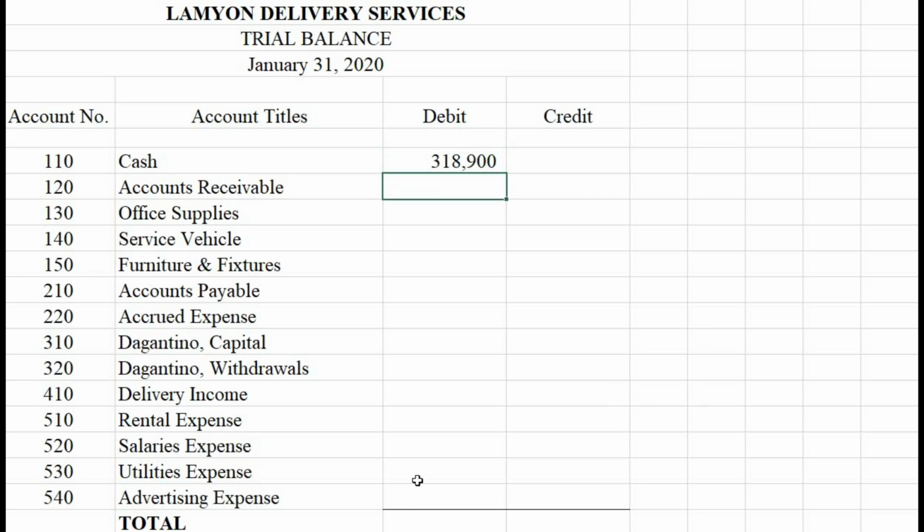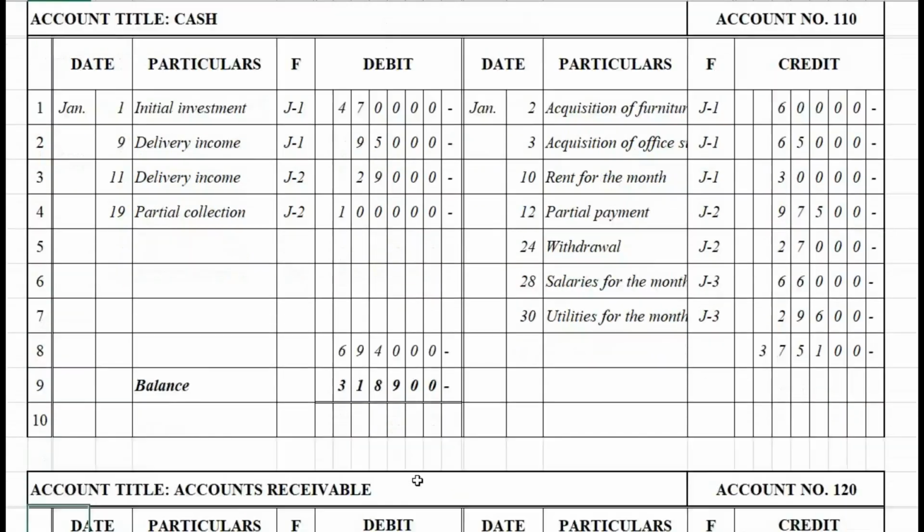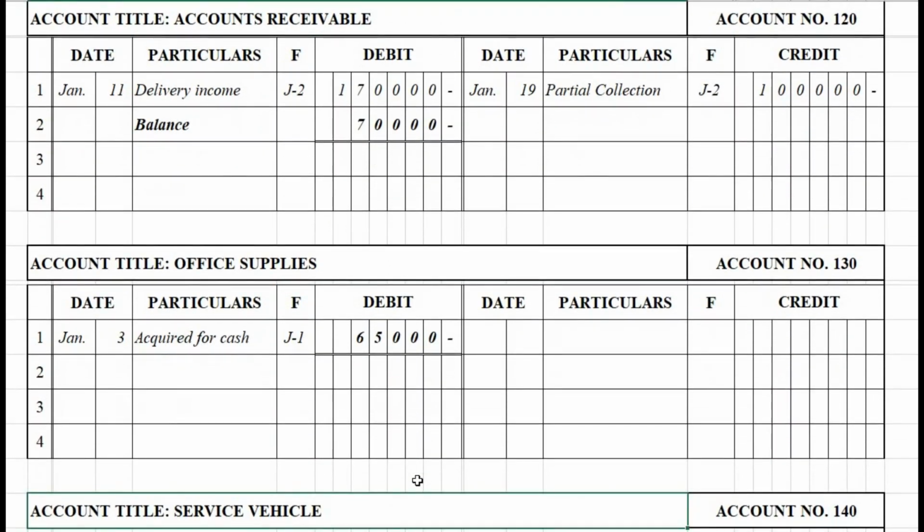Next is your accounts receivable. The balance here is 70,000. You just have to copy that under the debit side, because it is a debit in our general ledger.